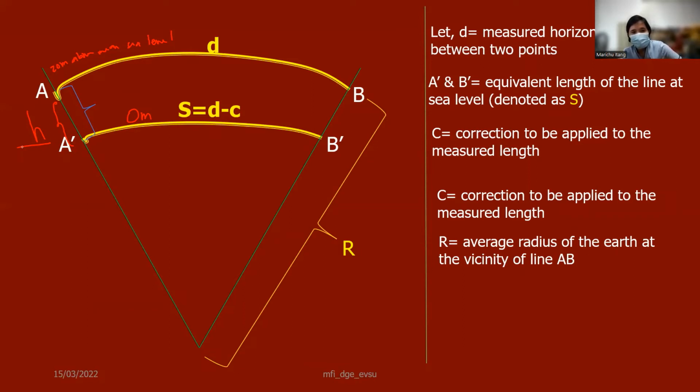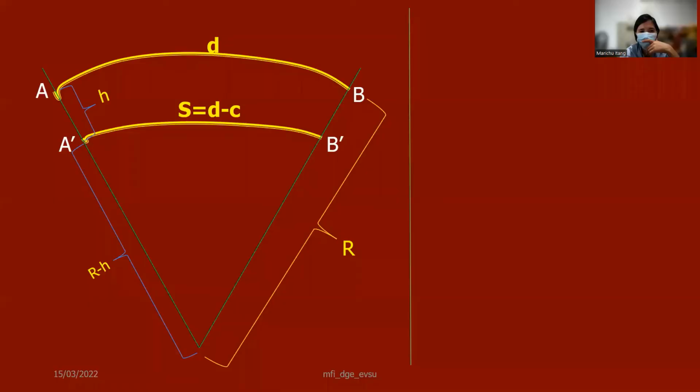So we already have, since given tayo ng D, given din yung ating R, meron tayong mga average na radius. Then, given din natin yung H, which is the measured elevation mismo ng point A and point B. Now, what we are looking for is we are going to determine the value of C. So, based on the illustration, we are now going to determine the value of C.